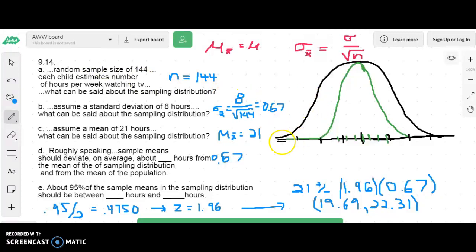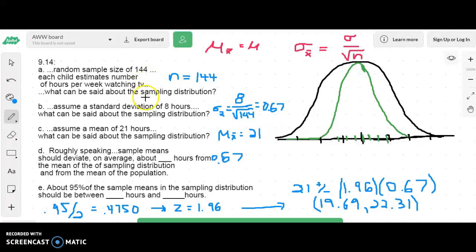What I have over here in the black curve is a curve representing all possible outcomes for the individual students in the town. It may be normally distributed, it may not. To be honest with you, we don't know. But we do know that a random sample of 144 students was selected out of that group.